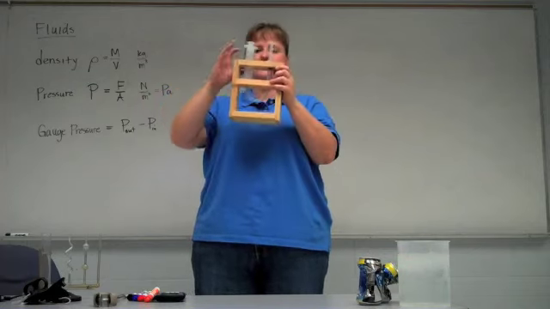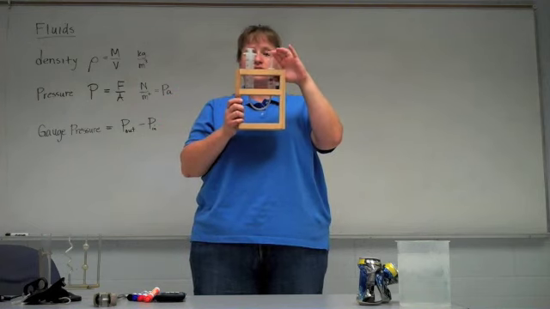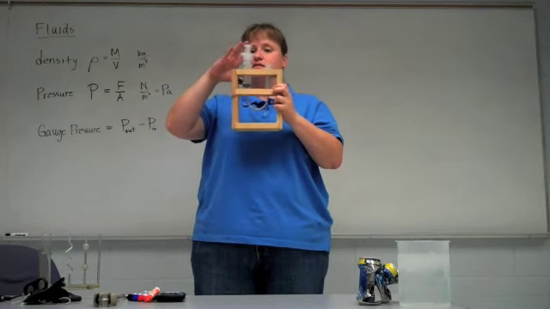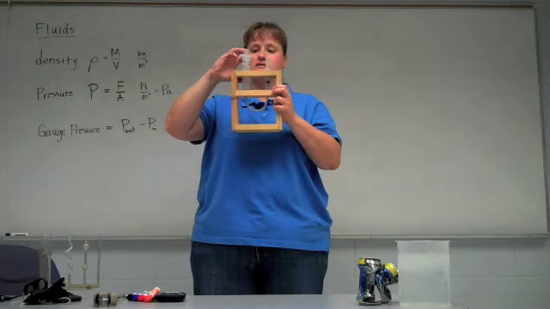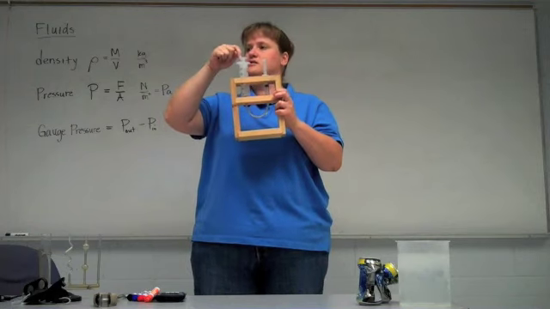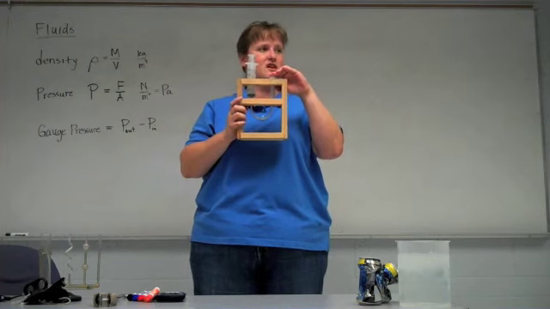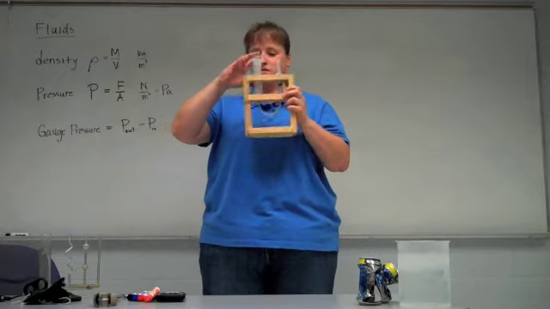But notice, this moved a lot farther than that did. Much farther distance. But yes, same volume. Exactly right. This one's harder to push than this one. I don't have to push nearly as hard on the small one as I do on the big one to get it to move.